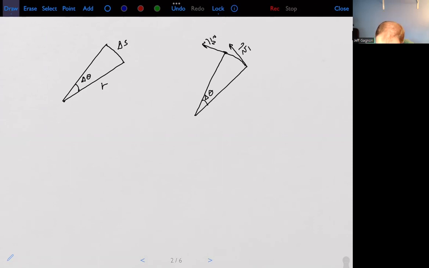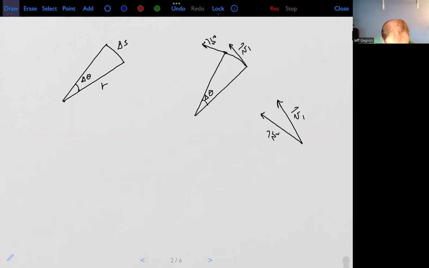If I put the tails of those two velocity vectors together, so I'll draw v1 like that, and if I put the tail of v2 at the tail of v1, it looks like this. Remember, it's constant speed, right? So they have the same length.